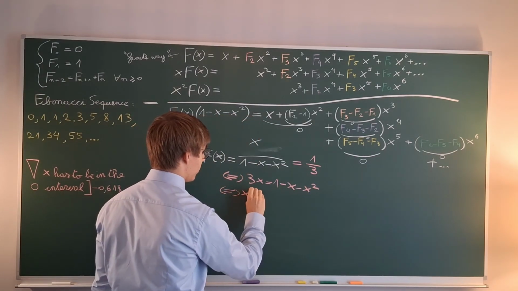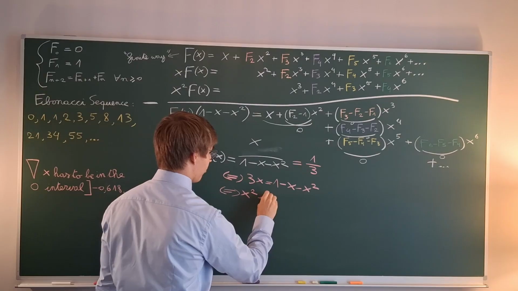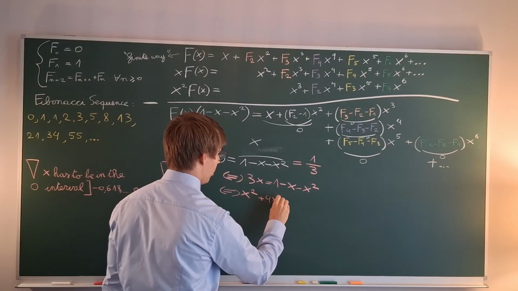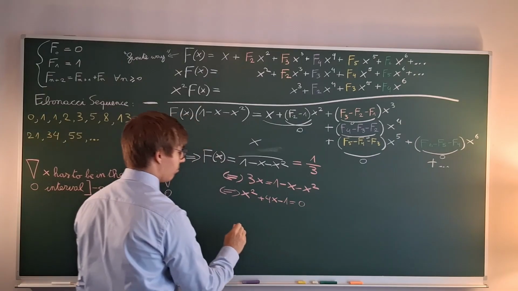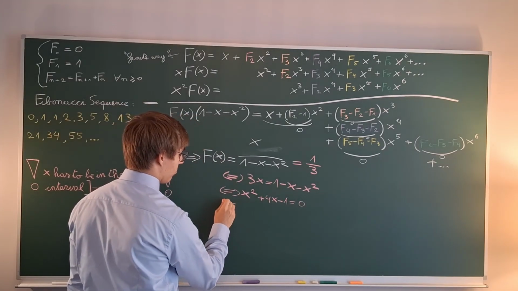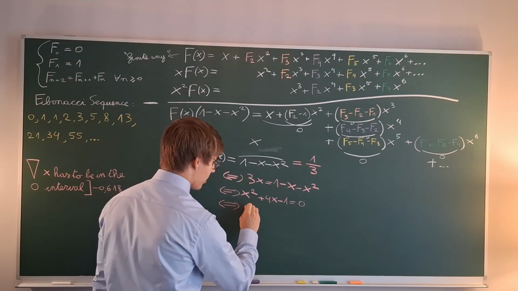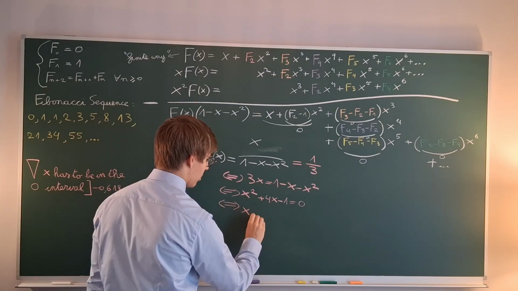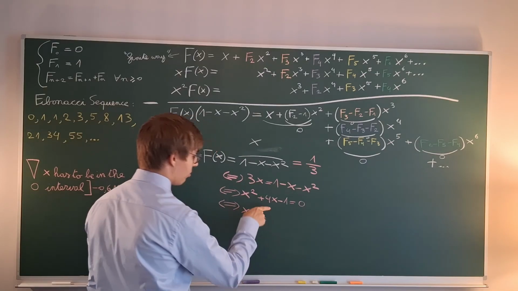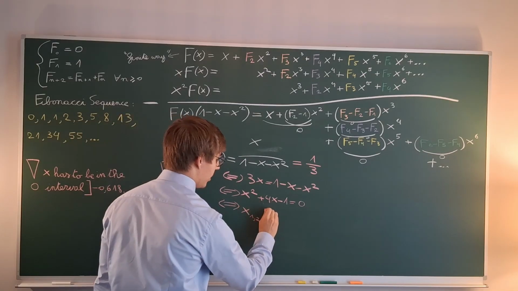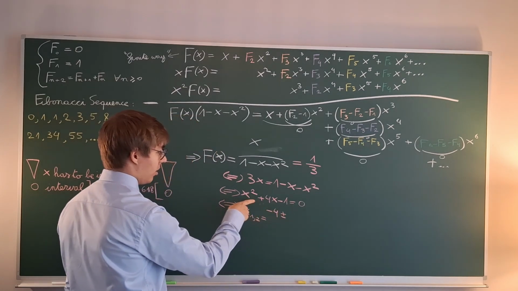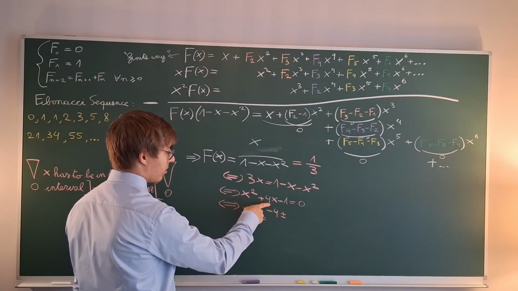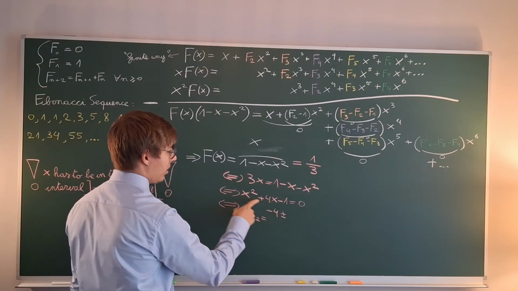such that x squared plus 4x minus 1 is equal to 0. And that gives us that x1 and 2 is equal to minus b, that is minus 4, plus or minus the square root of b squared minus 4ac.